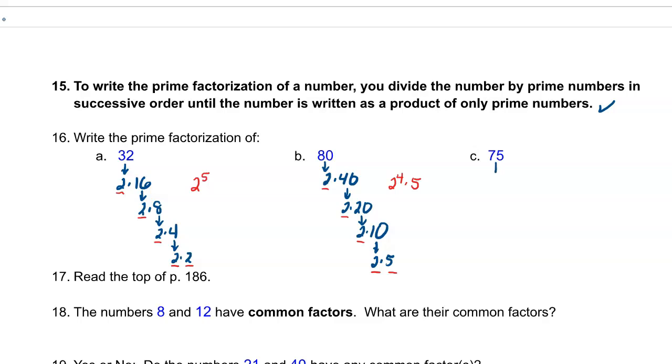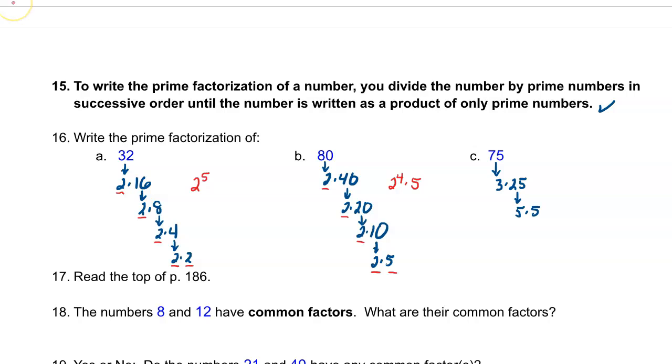Now 75. 75 is an odd number. It will not divide evenly by 2. Try dividing it by 3. It makes 3 times 25. Now, what can you divide 25 by? I mean, you can try to divide it by 3 again. It's not going to work. The next prime number after 3 is the number 5, and you'll find out 5 times 5.